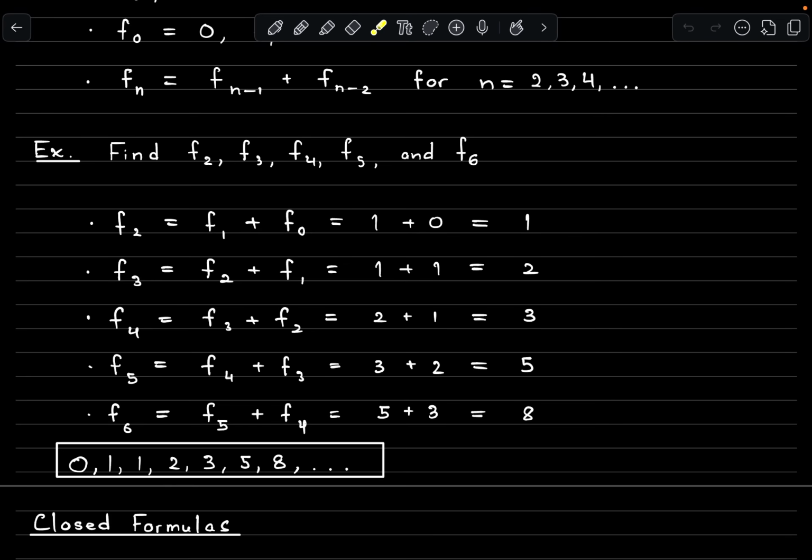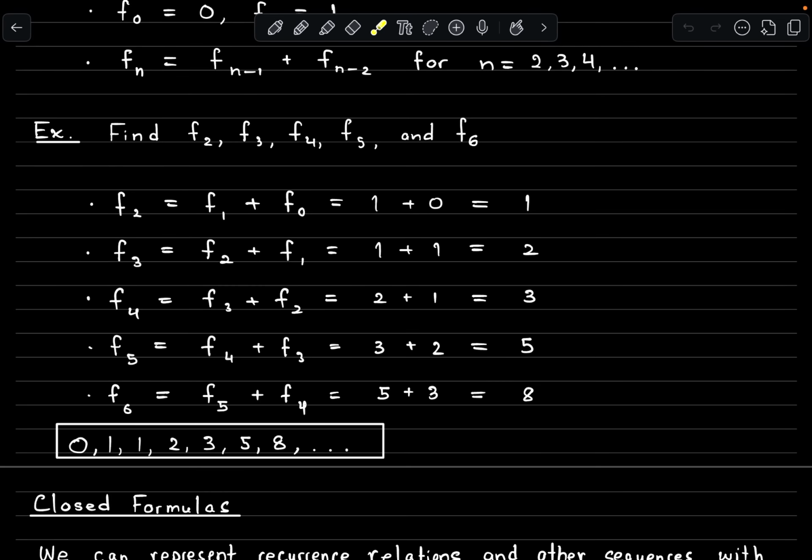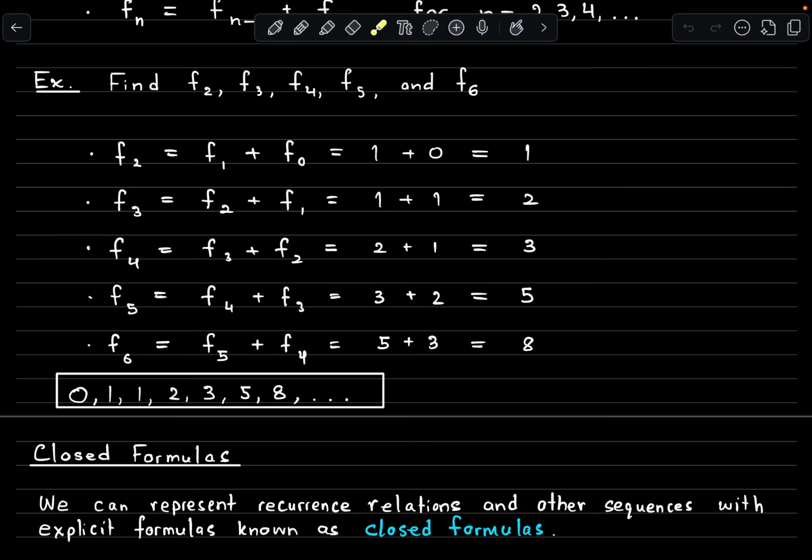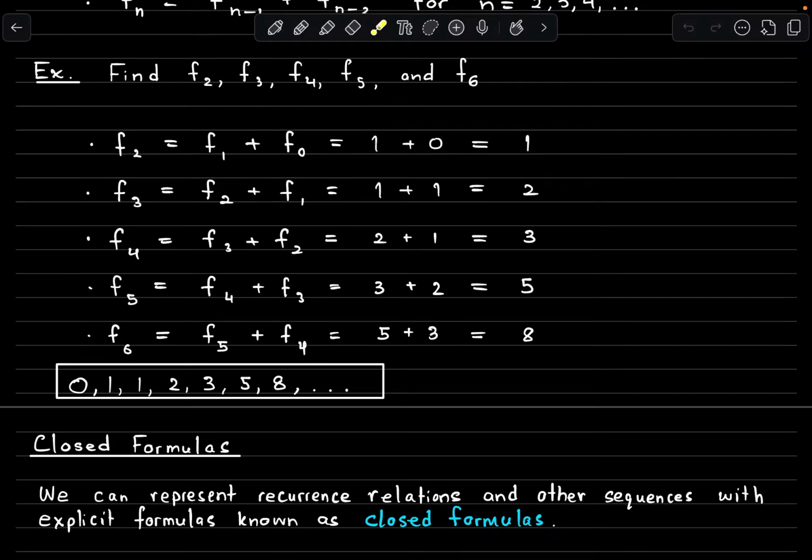Next, we've got something called closed formulas. Okay. So we can represent recurrence relations and other sequences with explicit formulas known as closed formulas, okay? So recurrence relations are useful for telling me what a sub n is, but only if I know some previous term, a sub n minus 1 or a sub n minus 2 or something like that, right?